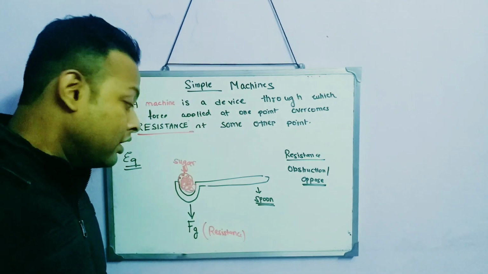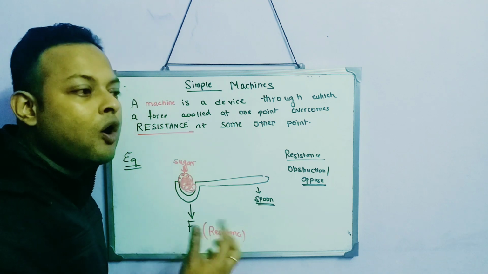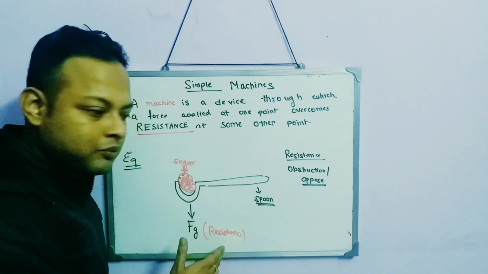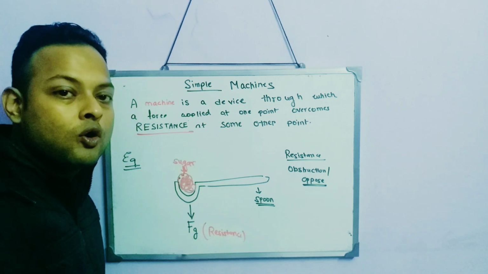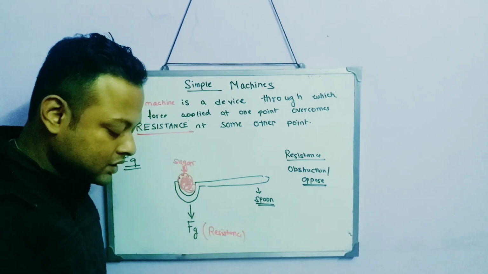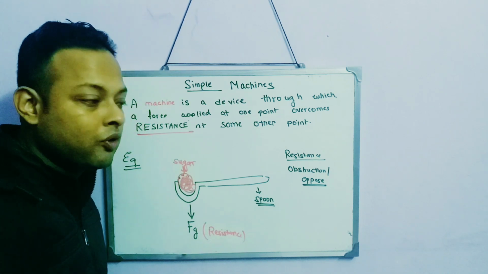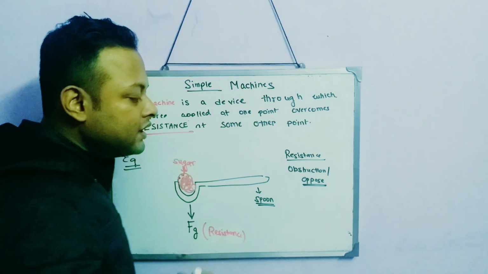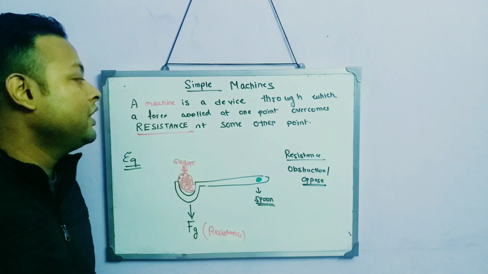Now I have to overcome this gravitational force, or this resistance, because the resistance is the gravitational force. How are we supposed to overcome it? Simple logic: at some other point. Okay, let's take this point. At this point we apply a force with our hand.